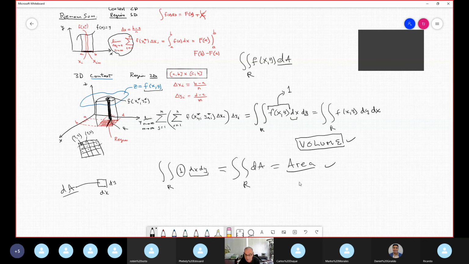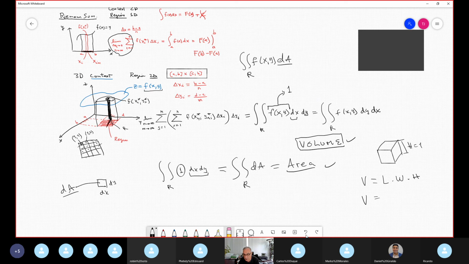But what happens when, suppose a volume, the box, the volume is length, width, and height, no? This is the volume. However, suppose one box where the height is 1.